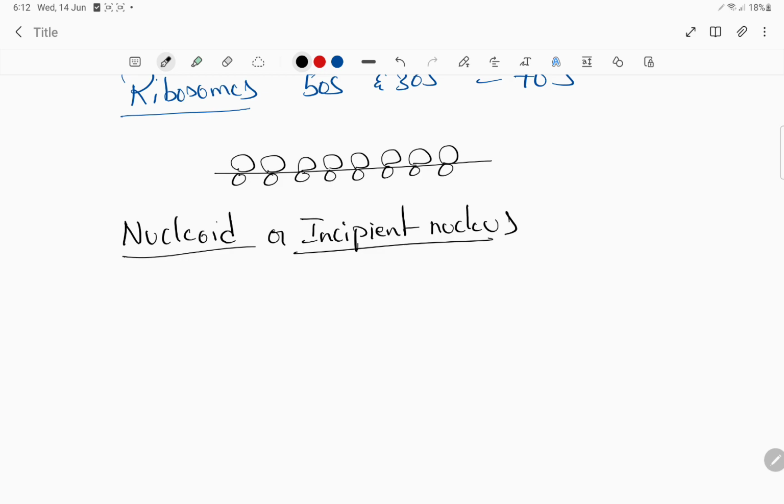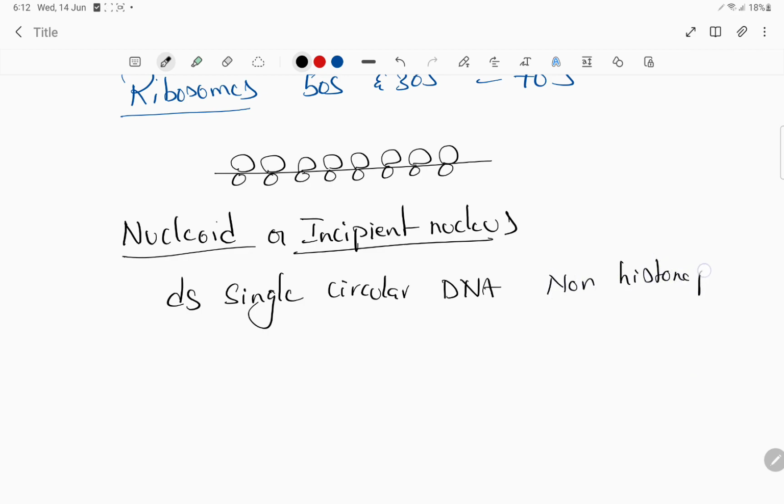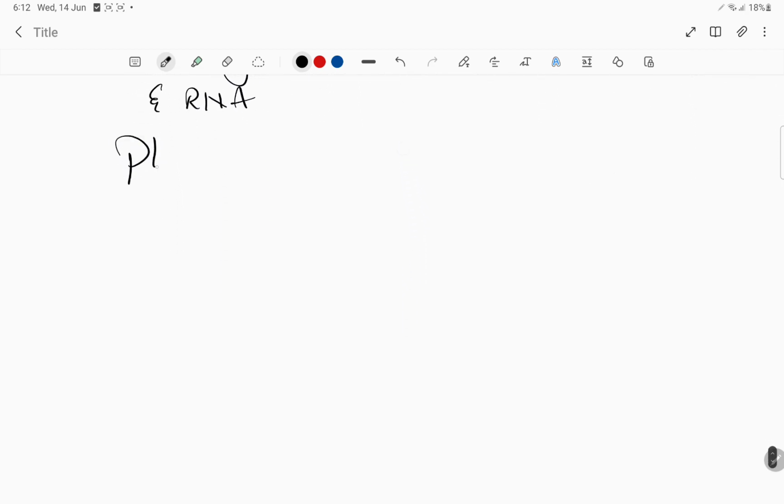So we have only one bacterial chromosome, that too a double stranded single circular DNA associated with positively charged non-histone proteins and RNAs. And next thing we have is plasmids.